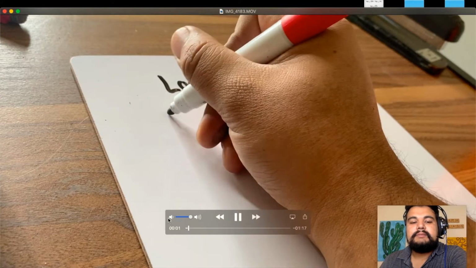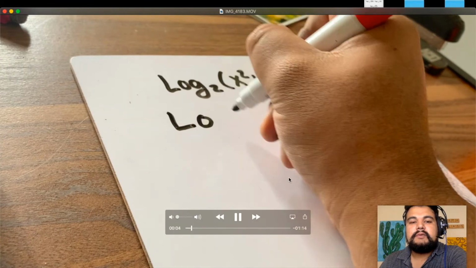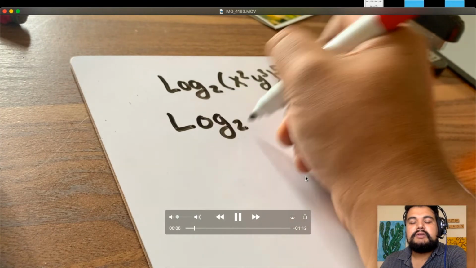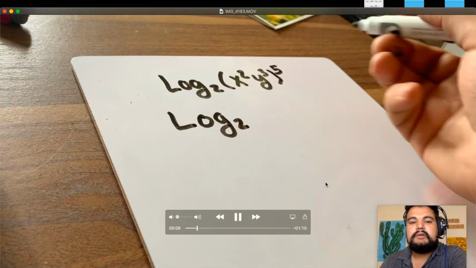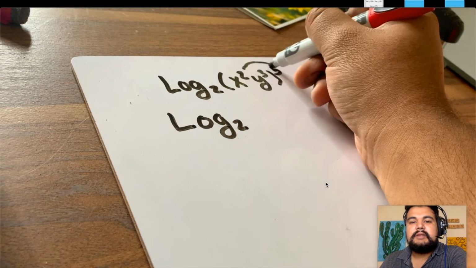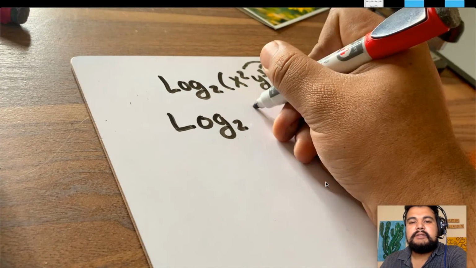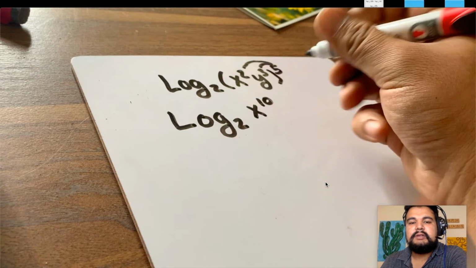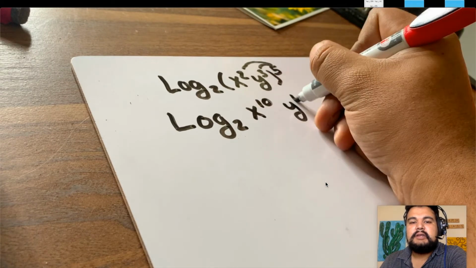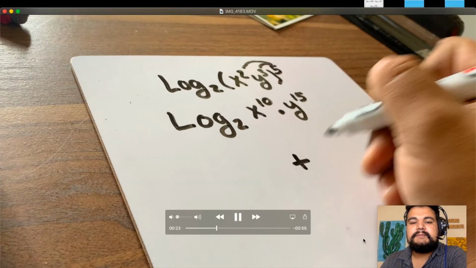But I will have something like this. Well, log base 2. And let's distribute that power into the other ones so we can have single separate entities. x to the 15.